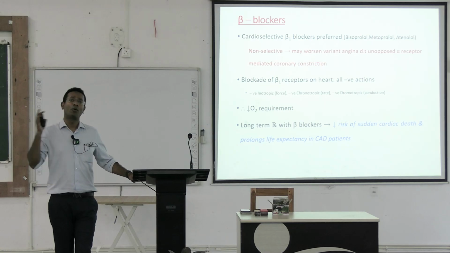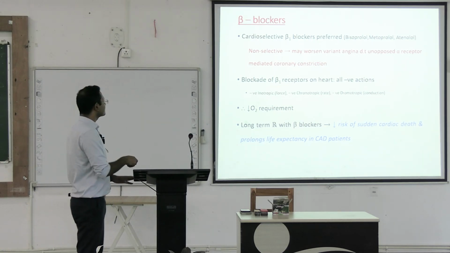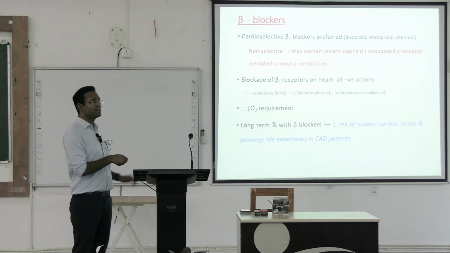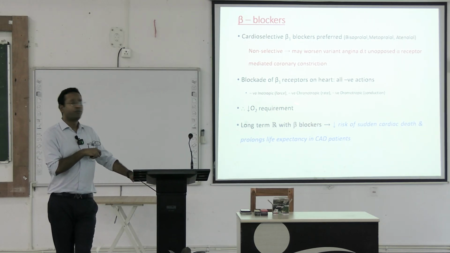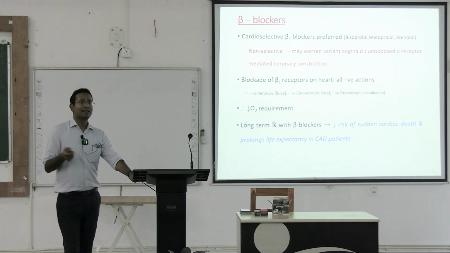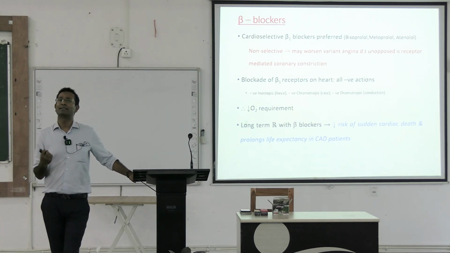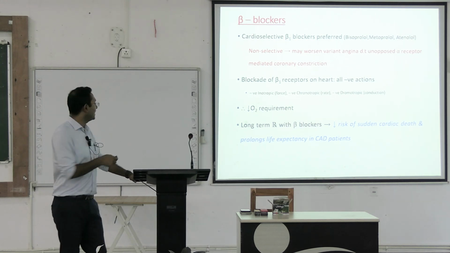That is the reason cardio-selective beta-1 blockers are always advised. Blockade of beta-1 receptors on the heart leads to all negative actions: decreased force, decreased rate and decreased conduction. So there is a net reduction in oxygen requirement, which is beneficial for the heart.